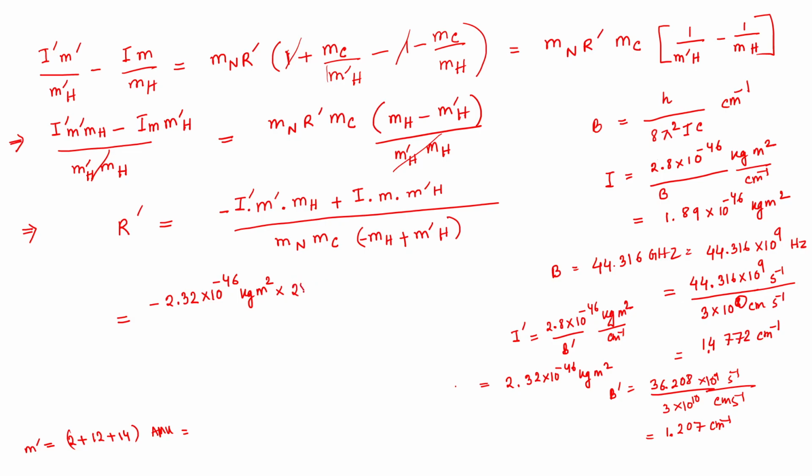Actually, let me write it 28 into 1.66 into 10 to the power minus 27 square, as mH is 1 and both amu square will be there, so I'll take common.